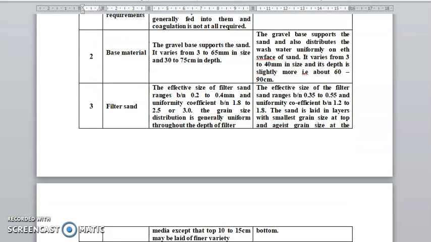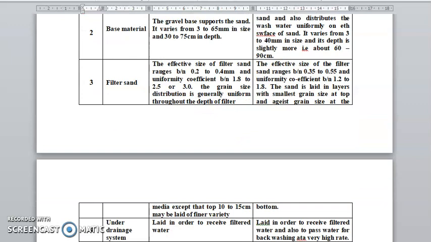Filter sand. In the slow sand filter, the effective size of the filter sand ranges from 0.2 to 0.4 mm and the uniformity coefficient between 1.8 to 2.5. The grain size distribution is generally uniform throughout the depth of the filter.